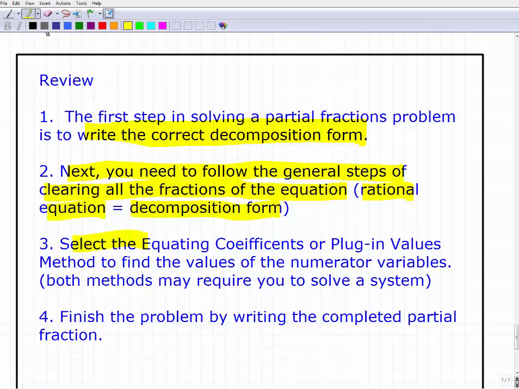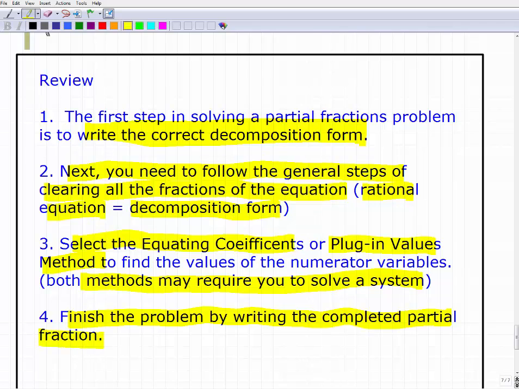So you're going to select either the equating coefficients or the plug-in values method to find the values of the numerator variables. And this is almost always, 99.9% of the time, going to require you to solve a system. It could be a 2x2, it could be an easy system, it could be a challenging system. And then obviously you're going to finish the problem by writing the completed partial fraction.